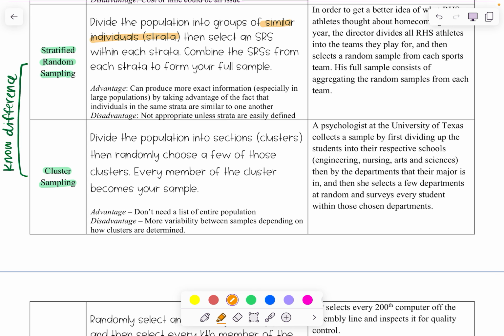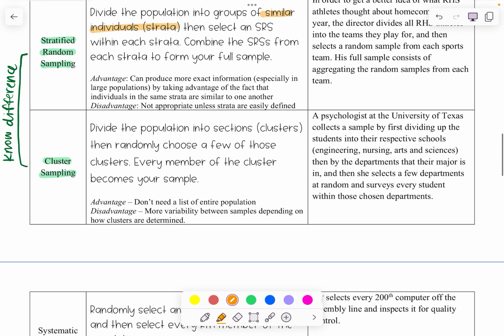So this method is kind of guaranteeing, if I think some other variable is affecting my results, that I'm getting representative people from each group. So stratified is taking a couple of people from all of the groups, basically doing SRSs within each strata.